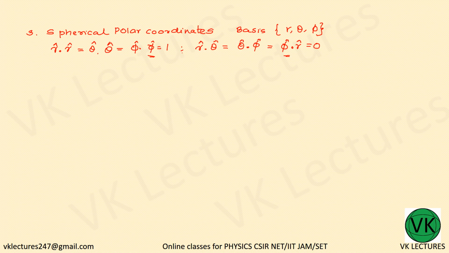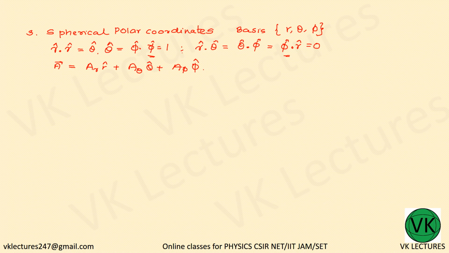Now any vector A in spherical polar coordinates can be written as A_r into r cap plus A_theta into theta cap plus A_phi into phi cap, where A_r, A_theta and A_phi are the components in spherical polar coordinates corresponding to r cap, theta cap and phi cap respectively.